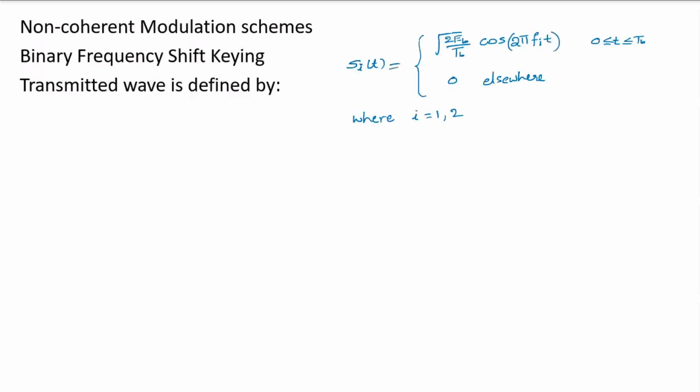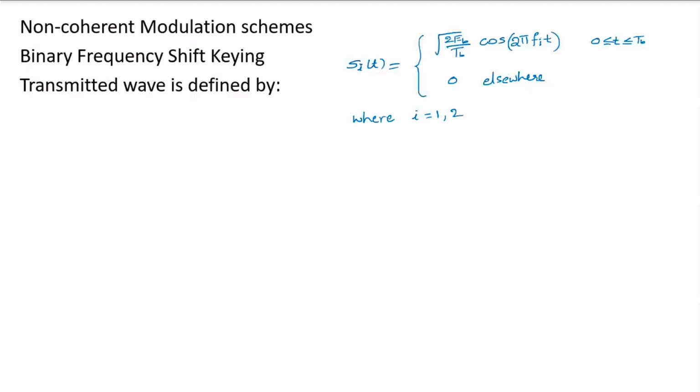So we can define the modulated carrier for binary frequency shift keying: Si of t is equal to square root of 2Eb by Tb cos 2 pi fi t, for 0 less than or equal to t less than or equal to Tb. The duration of this signal is Tb, and it is 0 elsewhere.